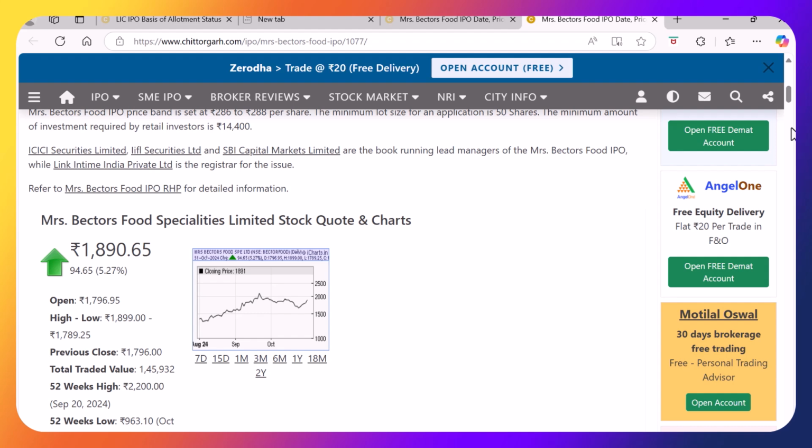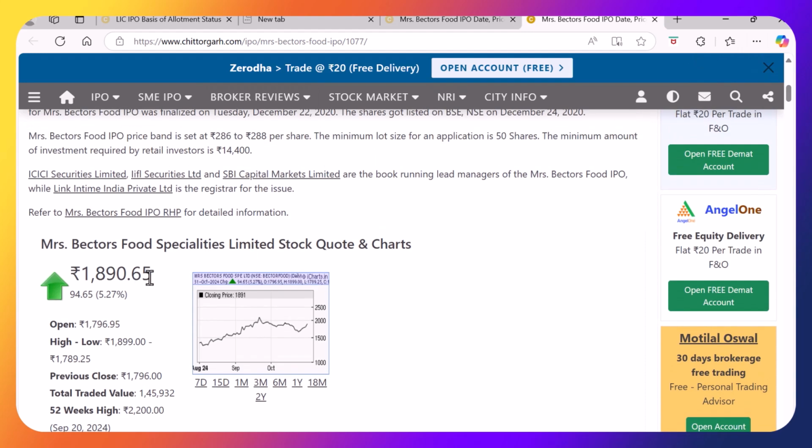The price has gone up from almost 286 or 288 to 1890. So any person who has invested in the IPO has made a lot of money. If you look at the last 1 year growth story, again it has gone up. So everywhere the stock has done very well. It is now trading at 1890.